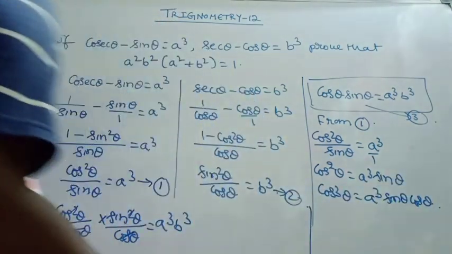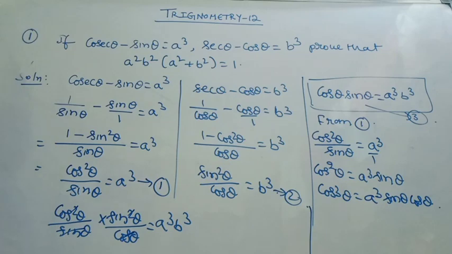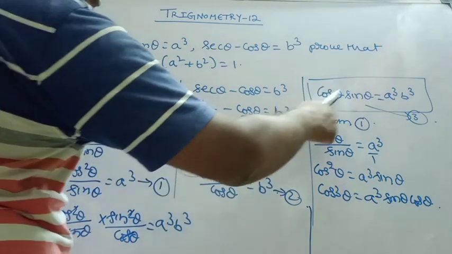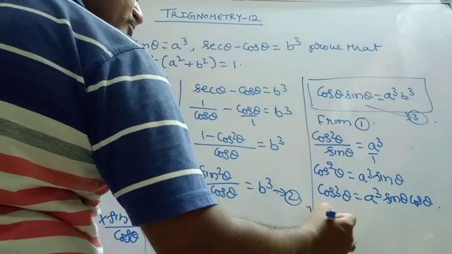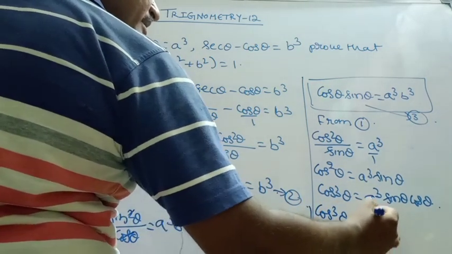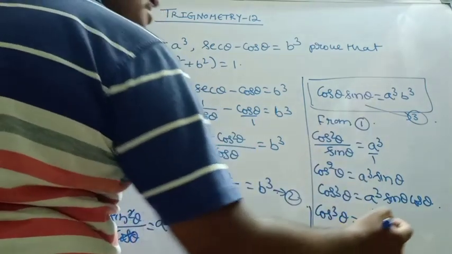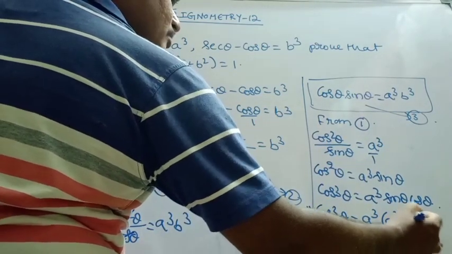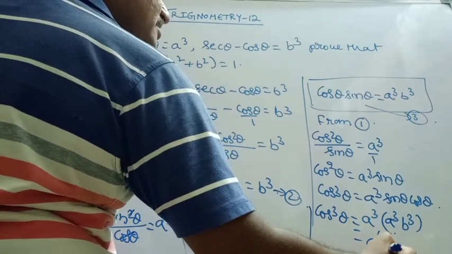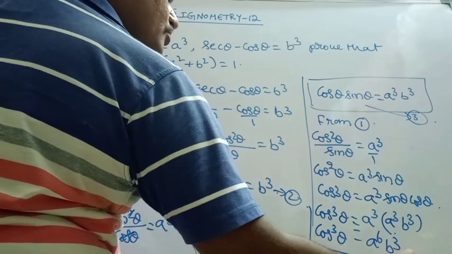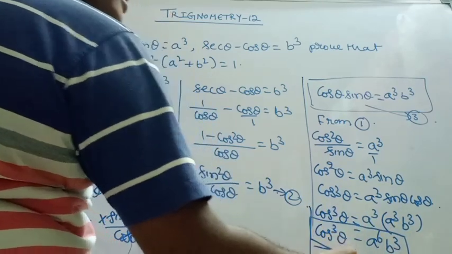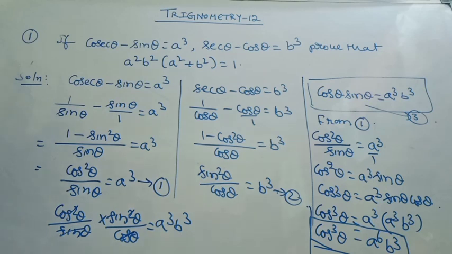I multiplied by cos theta because we know cos theta sin theta is a cube b cube. So cos cube theta is equal to a cube into a cube b cube, which is a power 6 into b cube. Cos cube theta is equal to a power 6 b cube.